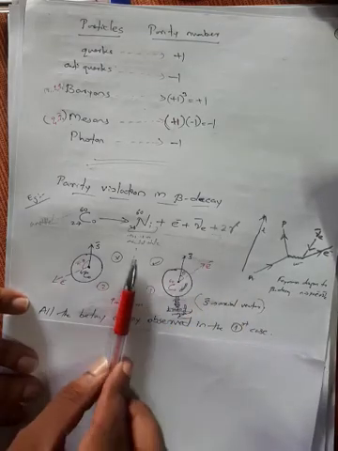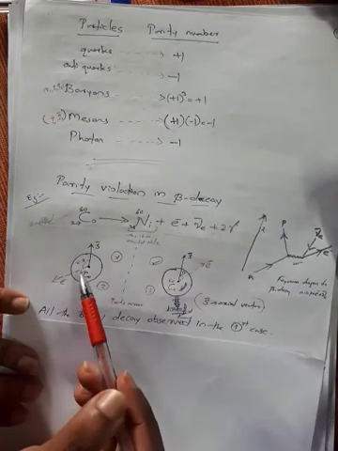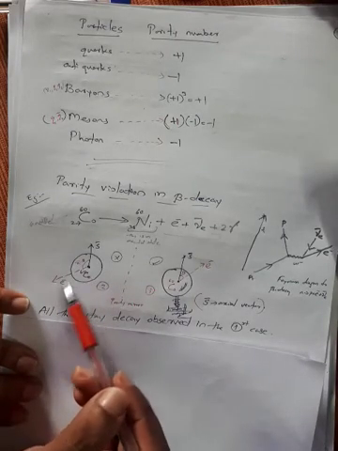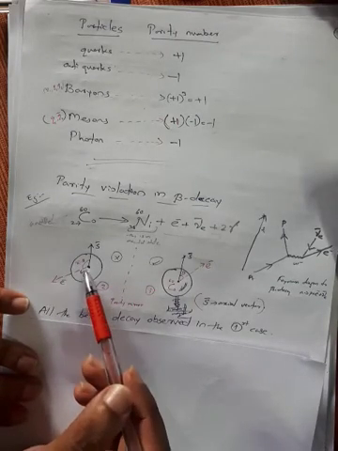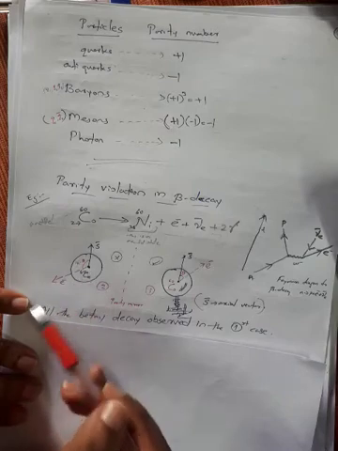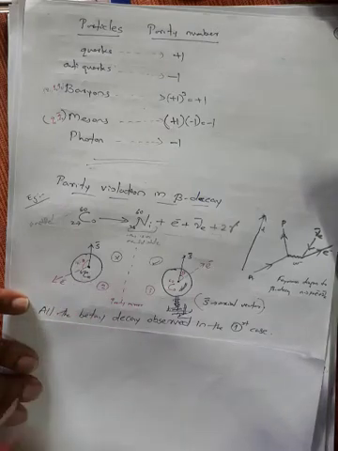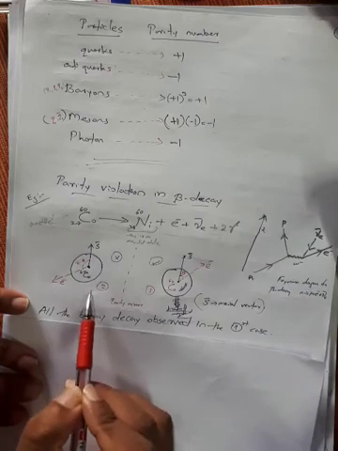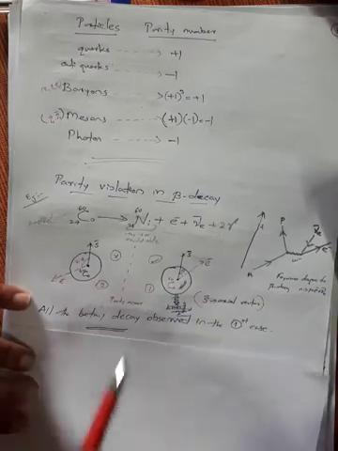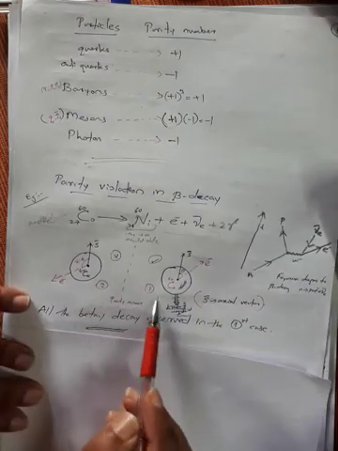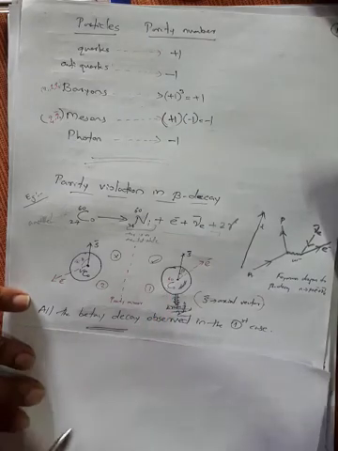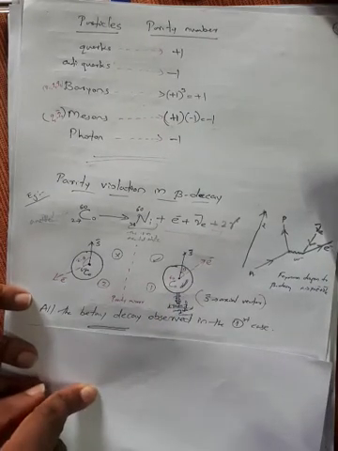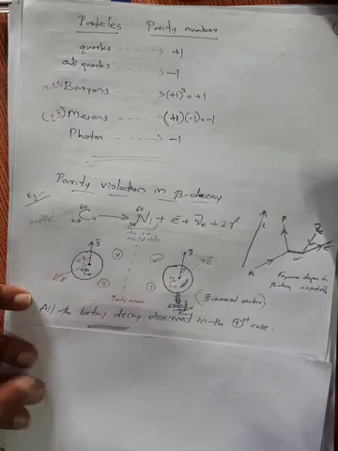When you apply the parity mirror, the direction of the magnetic moment and the direction of the electron will be the same. So this second case is not going to happen. You can observe all beta decay only in this manner. That is the observation by Wu.